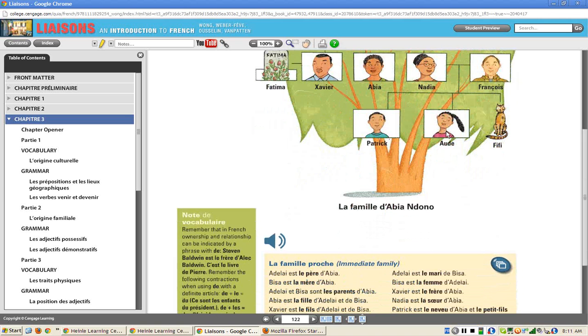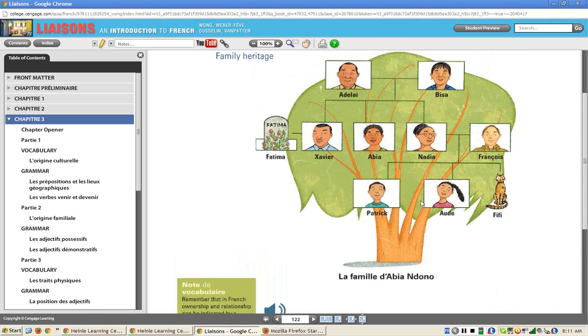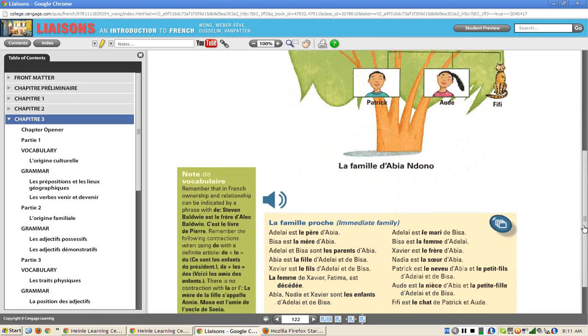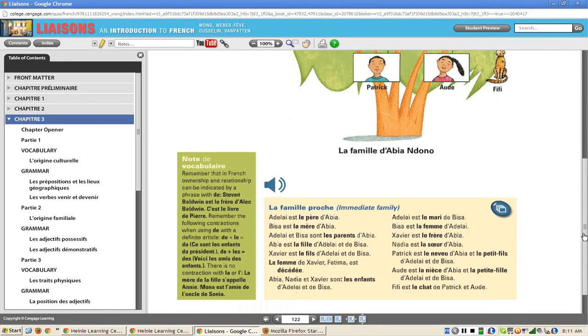And then Patrick et Aude, we would say, ce sont les petits enfants. So you have grands-parents, parents, and then below the parents, ce sont les petits enfants. Small children, little children, grandchildren. In English we have grandparents, grandchildren.